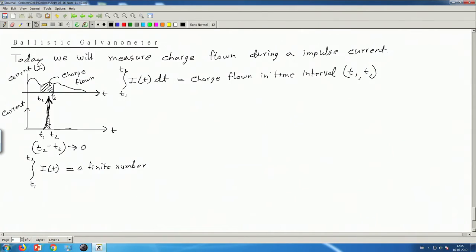Now, the goal of this video is to measure this charge which has flown during an impulsive current in a circuit using a galvanometer, which is called the ballistic galvanometer.